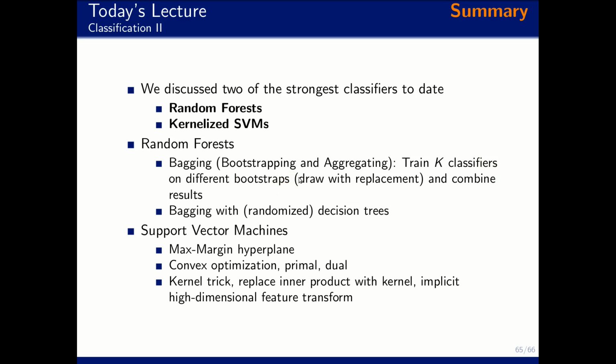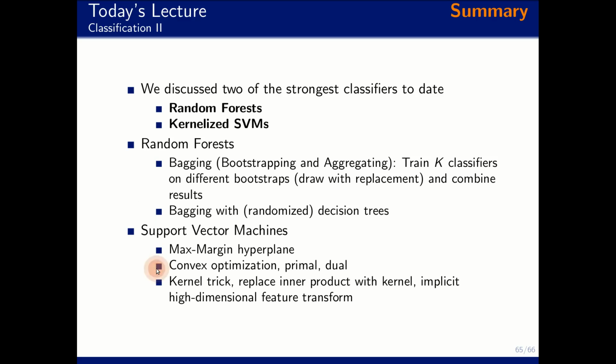A bootstrap is really redrawing your data set with replacement. So very simple, and train a classifier on each of these bootstraps and then aggregate these results. This is bagging, and random forests are really just bagging with randomized decision trees, and one of the strongest classifiers to date. And we discussed support vector machines as max margin hyperplane.